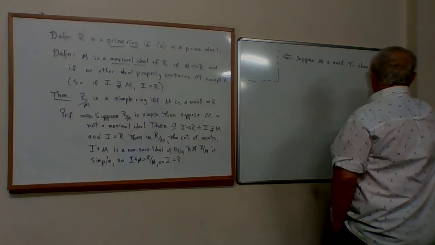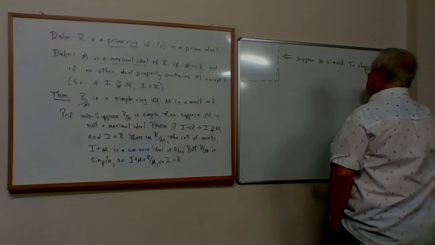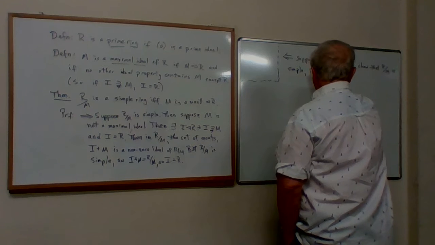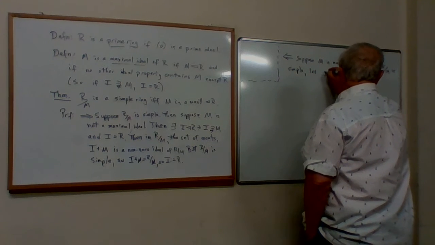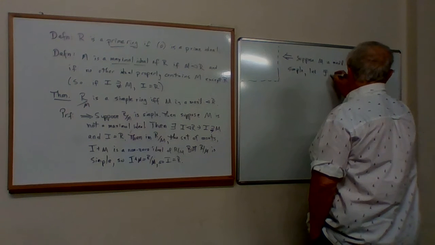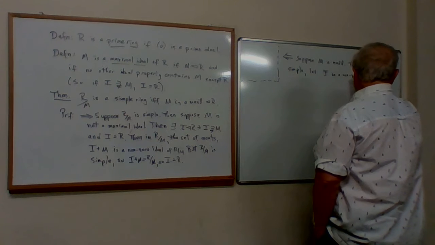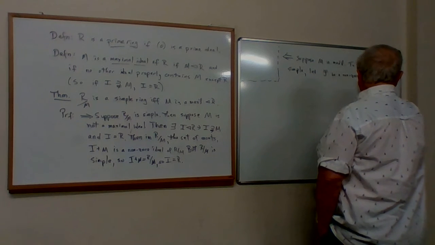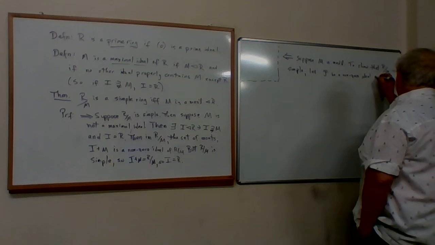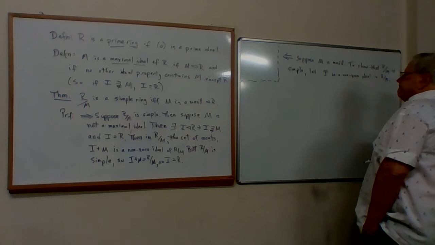To show that R mod M is simple, let J bar be a non-zero ideal in R mod M.